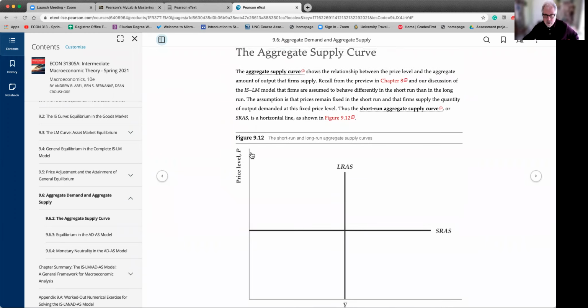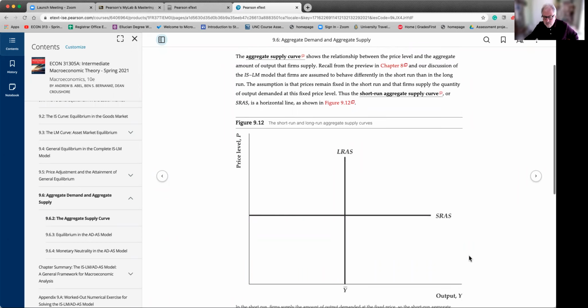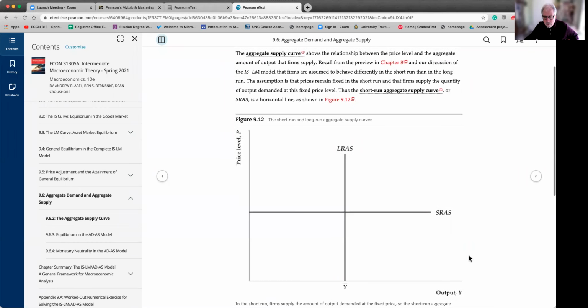But instead of the real interest rate being on the vertical axis, we have the price level on the vertical axis. So the price level does not affect the level of real GDP in the long run. Only what we call real factors, labor demand, labor supply, changes in the production function. The price level doesn't affect those in our model. That's the stuff from chapter 3.